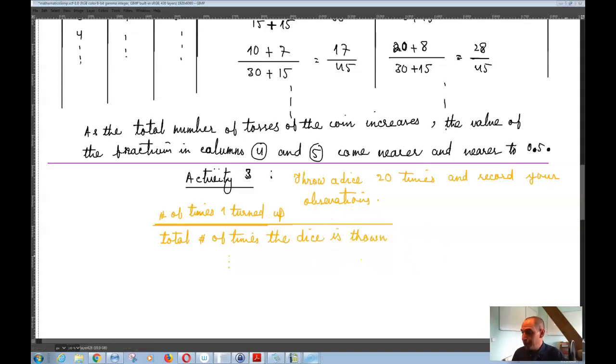And then instead of 20 times you throw the dice 40 times, record the observations and calculate the fractions as done here.